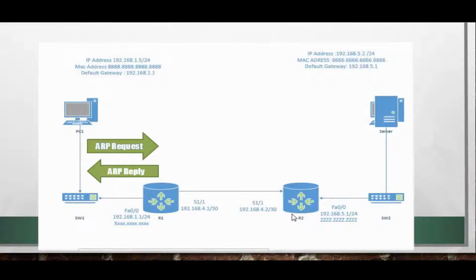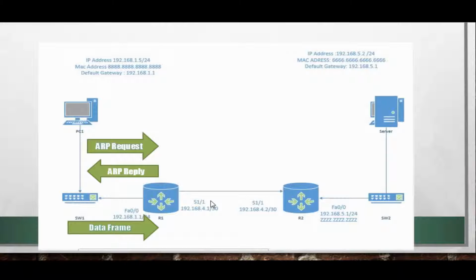Assuming that the time to live is not decremented to 0, router 1 checks its routing table to determine the best path to reach network 192.168.5.0. So we're going to send a data frame to that network that is accessible through interface serial 1/1, the one that you're going to be looking at over here.